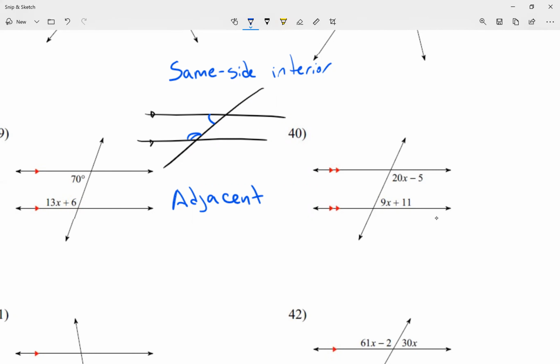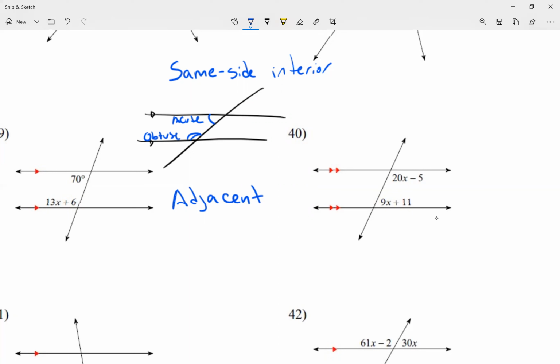Now, if we take a look, remember my angle at the bottom, it looks like an obtuse angle. It looks more than 90. I don't know exactly how much, but it looks more than 90. Look at my angle on the top. This looks acute, right? Less than 90. So I'm going to say these two angles are not equal.